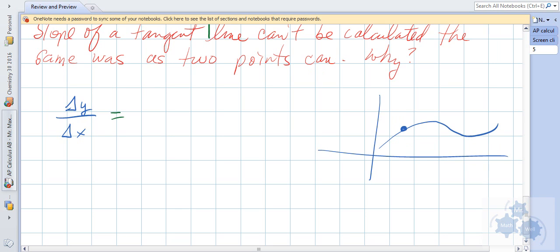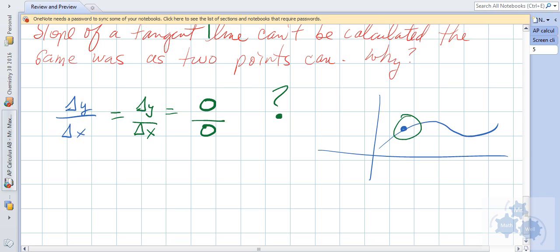It is 0. Delta y is 0, right? Because where's the change? There is no change. And what's delta x? That's 0 as well. So how do you calculate with only 1 point? That's the tangent problem.